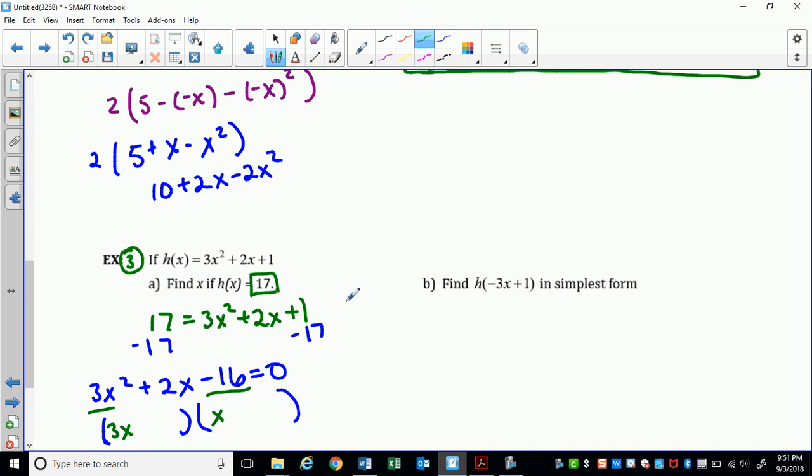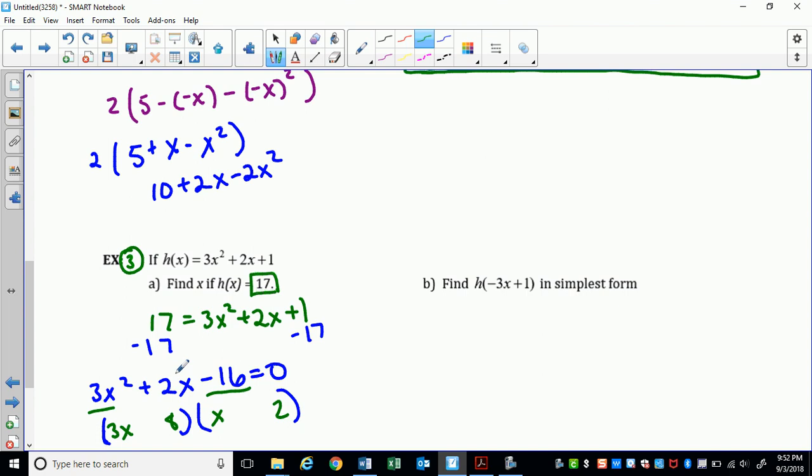Now the factors of 16, I've got options. I have 4 and 4. If I multiply 4 times 3 and then I subtract 4, I'm not going to get 2. But I do also have 8 and 2. Now where I put this 8 and the 2 makes a difference. This will change. So I'm going to make sure I'm writing in pencil. So do I put the 2 here and the 8 here? So 3 times 2 is 6.